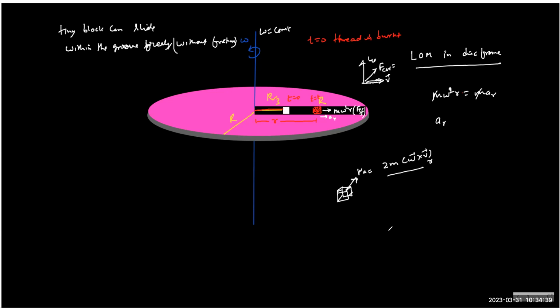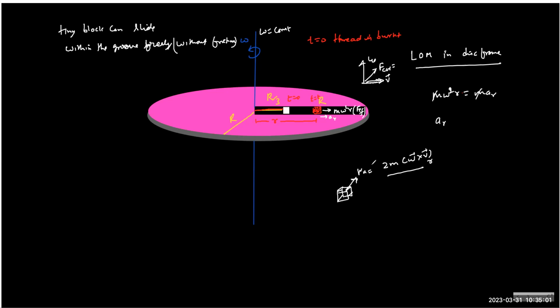Now the only thing we want to know is the velocity of the block as it moves away from the center along the radial direction. At any instant, the velocity perpendicular to the groove is omega r.